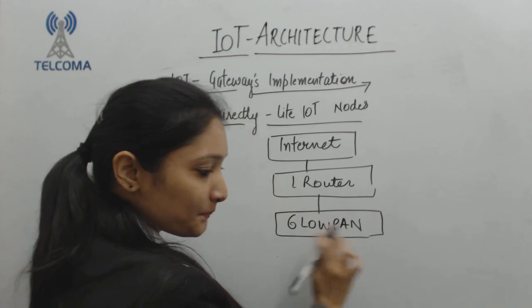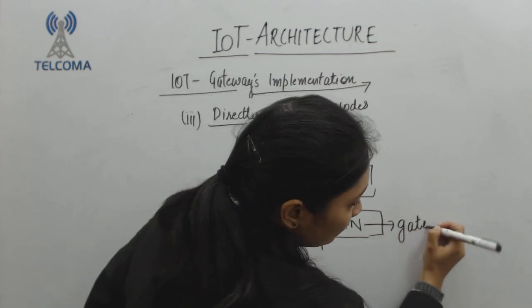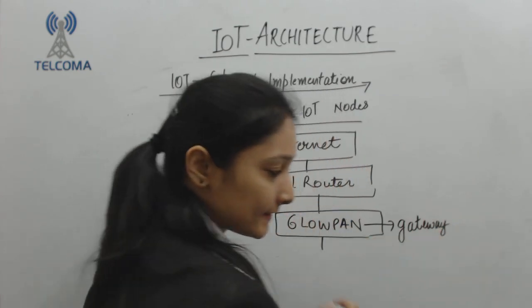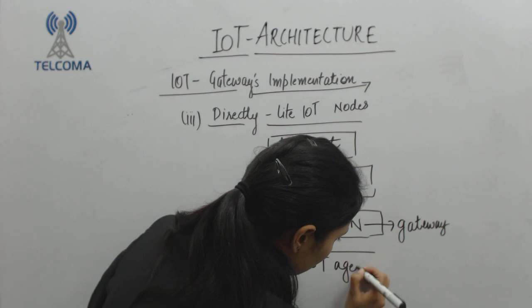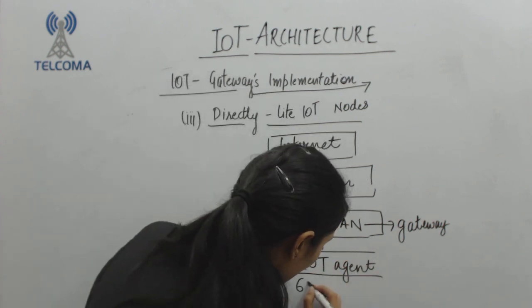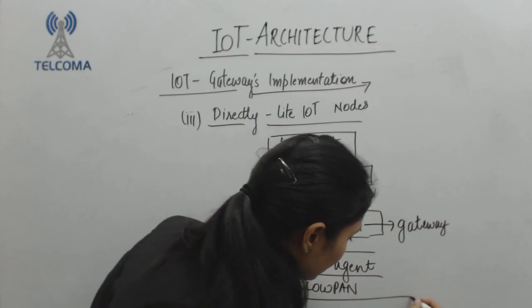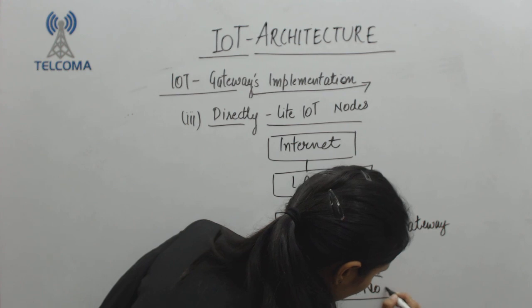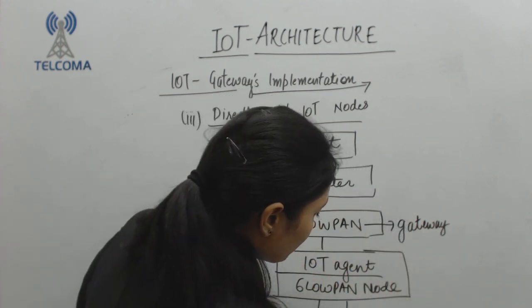So this is your IPv6 gateway. Here you will have the IoT agents, but you will also have the personal area network nodes and your sensor.